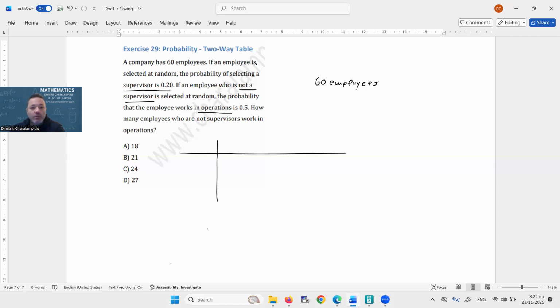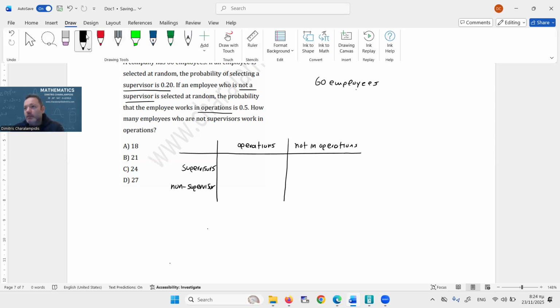Here I would put supervisors, non-supervisor, and here operations and not in operations.